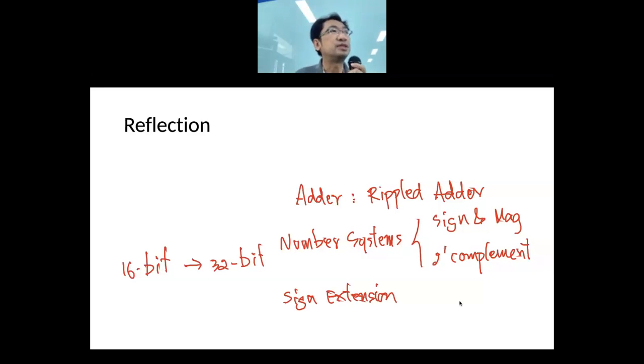What does it mean? If you have, let's say, only 4-bit like this, and you would like to extend it into 8-bit, we have to look at the sign bit. In the 2's complement system, we have the leftmost bit as the MSB, or the most significant bit. So we just duplicate the MSB. Let's say if we would like to have 8-bit, we will do something like this. And this is the sign extension. Okay.